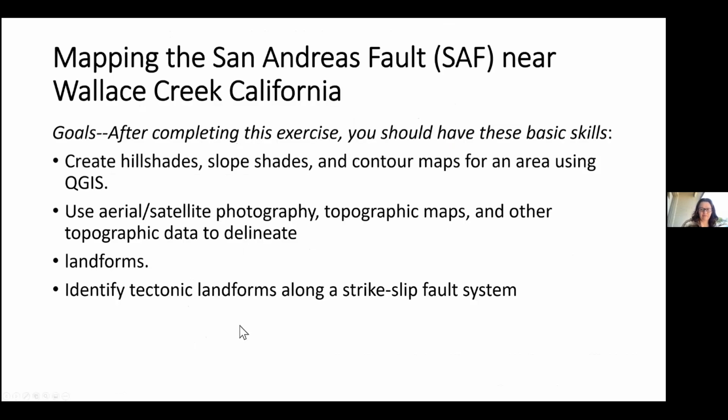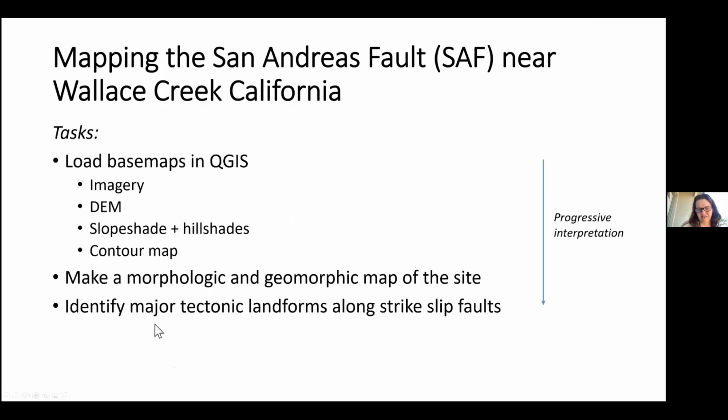And so we're going to do that at Wallace Creek along the San Andreas Fault, which is a really famous place with clear evidence for active faulting. It's basically a plate boundary. And so our goals are that you'll have some basic skills in handling base data and then using that information to map, to delineate landforms.